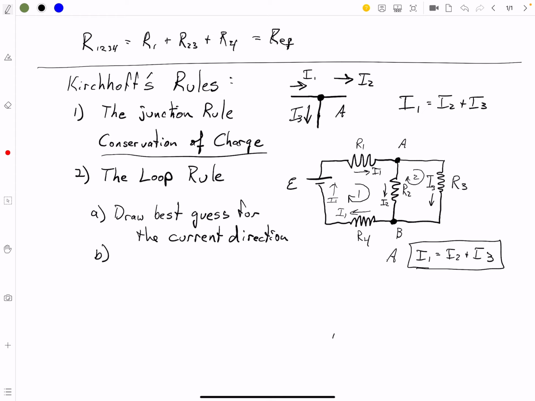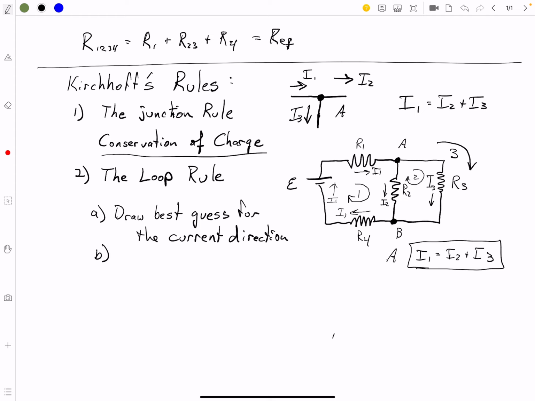Okay, B. Draw your loops in the direction that you want. Now, there's a third loop on the outside. That's loop 3. So those are my 3 loops. I like going clockwise. It doesn't matter.